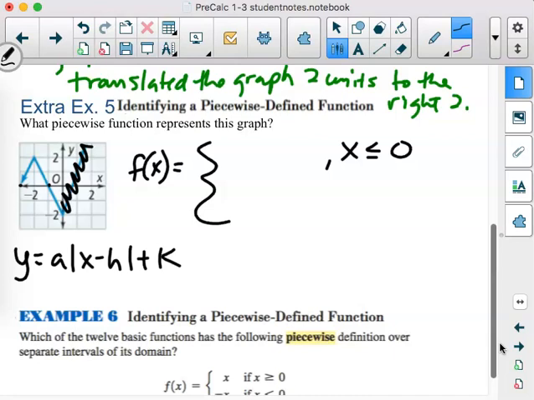So let's see. h and k are the vertex. Well, that's up here at negative 2, 2. So I already have 2 out of the 3 numbers that I know I need, because that's h and k. The other thing I need is a, and a is the slope of the right side.